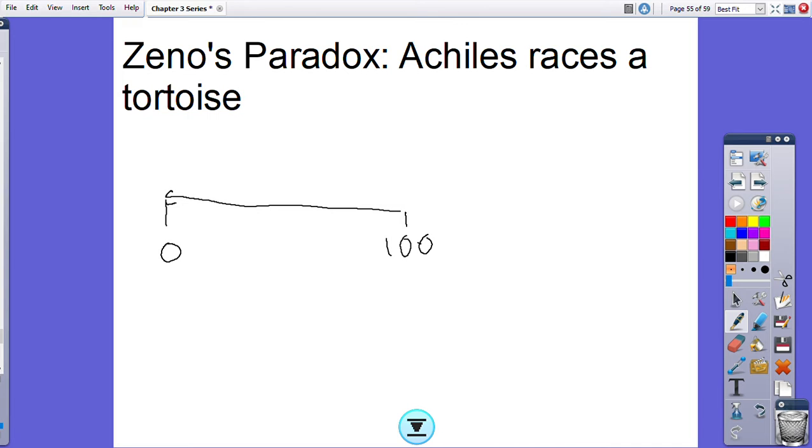The thing is, when Achilles gets to that 100 meters, the tortoise, not being as fast as Achilles, still manages to make another 50 meters. And then Achilles gets to the 100 meters, sees that the tortoise is 50 meters away, runs the next 50 meters.